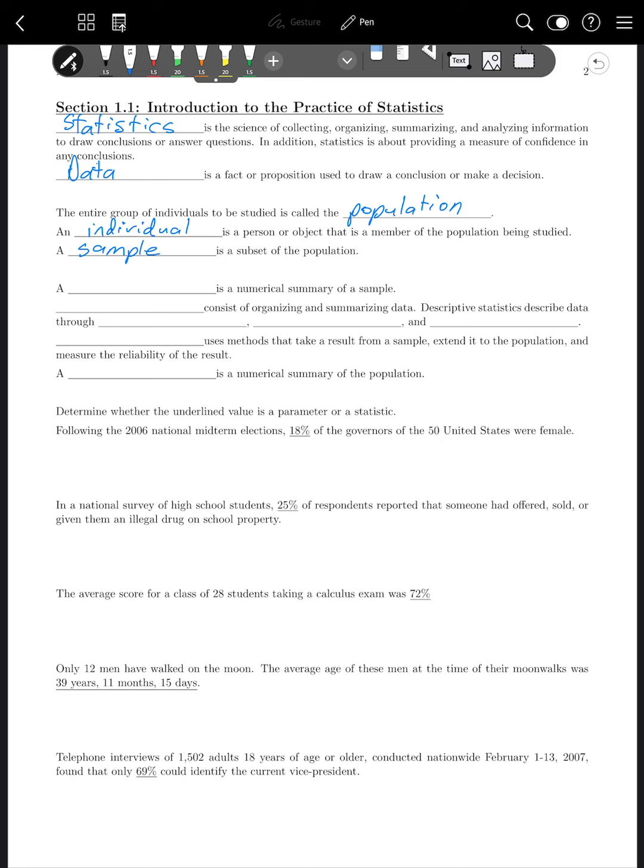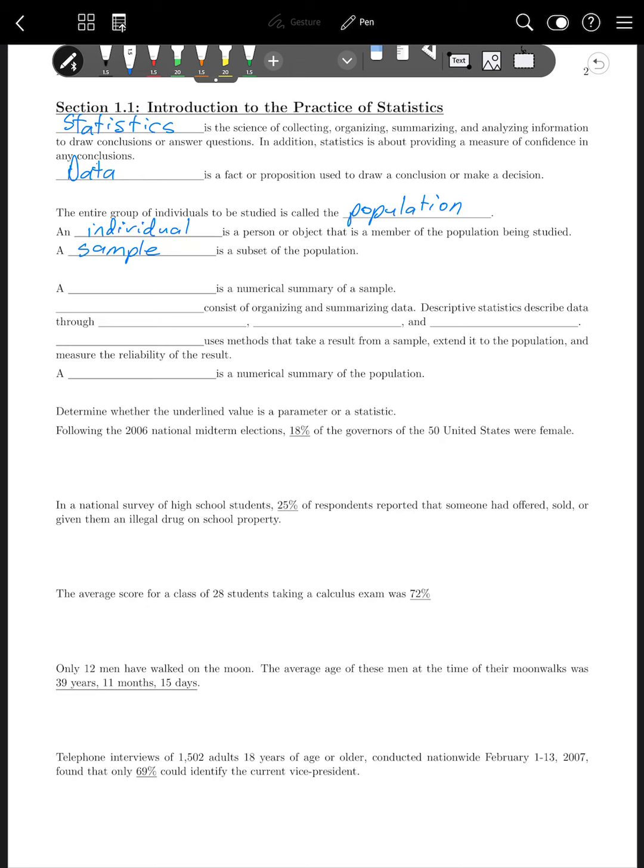So the word population in our everyday context is usually used to talk about the number of people in a group. And that's part of it. But it's not just the number of people in that group, it is the group. So the population of the United States isn't the number of people in the United States, it's those people themselves. And so we can talk about populations in big groups like that, or we can talk about populations as in the people in this class are all a population.